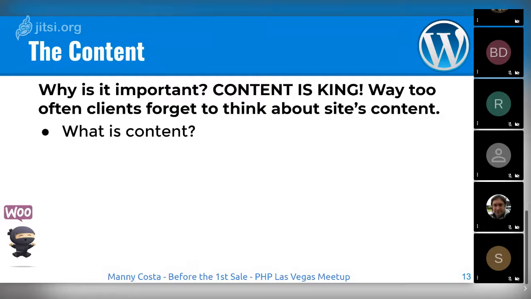So what is content? Sometimes they don't know what content is. They don't know where this information is going to come from, where I'm going to get these feeds. For instance, the website that I showed you guys, the one that had 1 million products, we had to collect product information from very different sources: the BMW provider, the VW provider, the Audi provider.